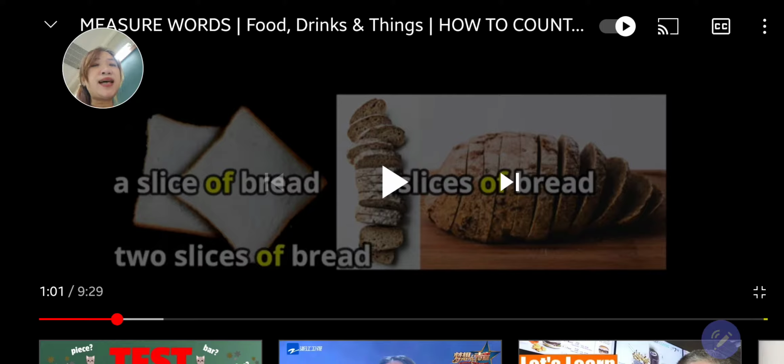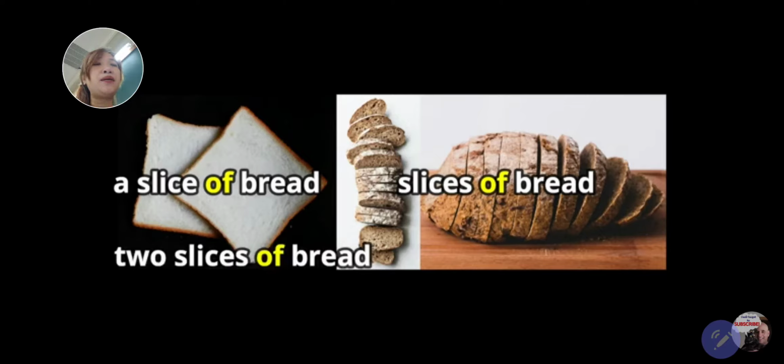Okay, a slice of bread. A slice of bread. 它讲的是说，有一片的面包，slices of bread。就是比如说，我如果是复数型的话，我可以讲 two slices of bread. Two slices of bread. OK，好，2片的面包，因为 bread is uncountable. Bread is uncountable, so we have to use measure words.